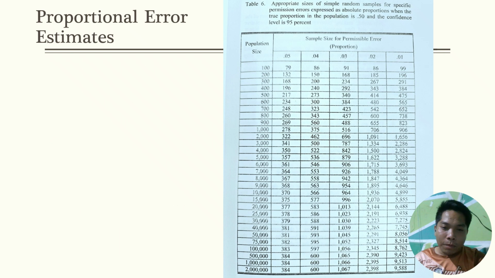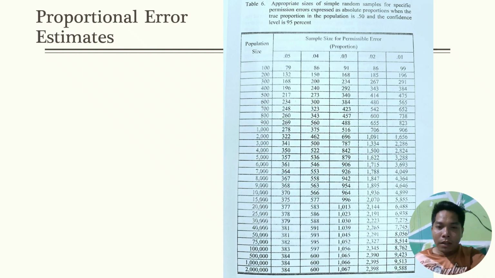So from this table, you can see the appropriate sample size for simple random sampling for specific precision and permissible errors expressed as absolute proportion. From here you can see the numbers from 100 up to 2 million.